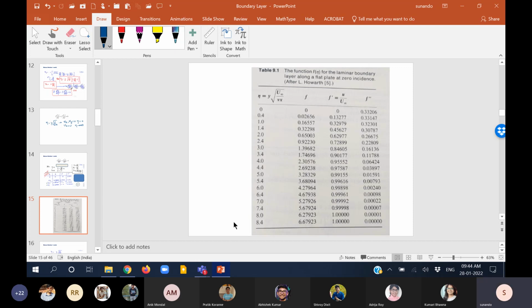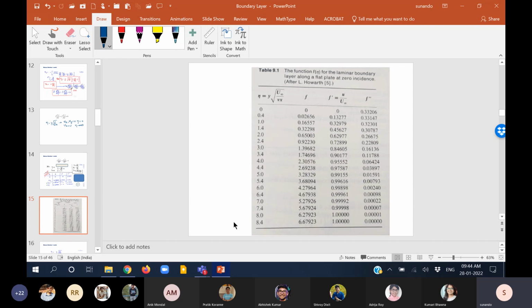Eta equals 4. Does it give you something? If I consider the third column, at eta equals 4, the numerical value is 0.955.